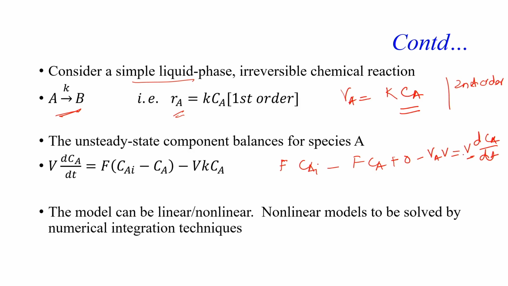For the time being, we are considering V as constant. So, further we can write F into Cai minus Ca, minus Ra, which we can replace, considering this first order, as K Ca V, equals V into dCA upon dt.